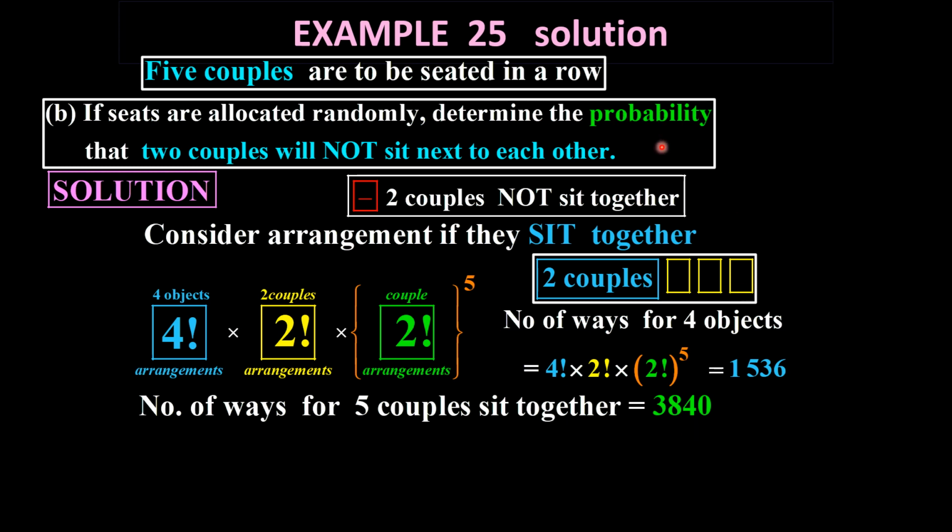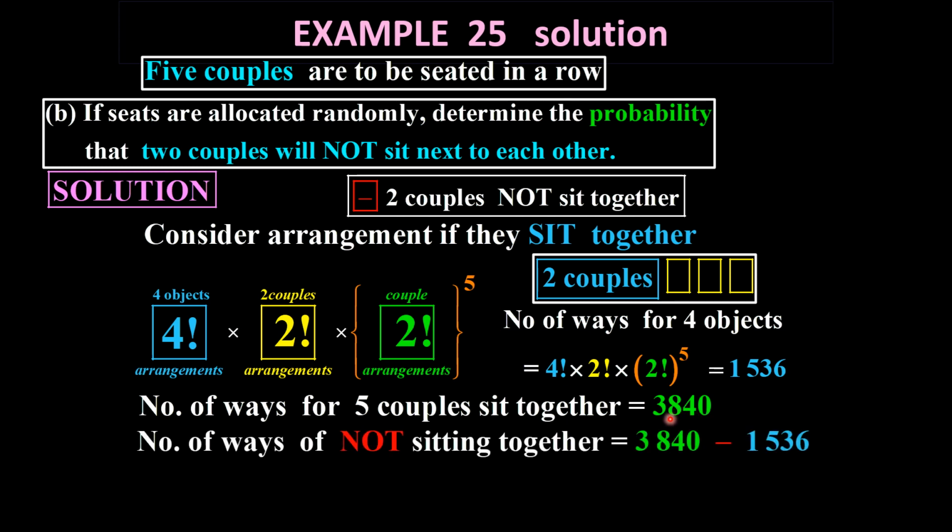But we want a probability. 5 couples sitting together, that is 5 factorial, right, which we worked out from the previous question. So if I want to work out how many of them are not sitting together, it's when they do sit together. The couples can be arranged in 3,840 ways, and I remove the number of cases where they do sit together, and that will tell me how many.